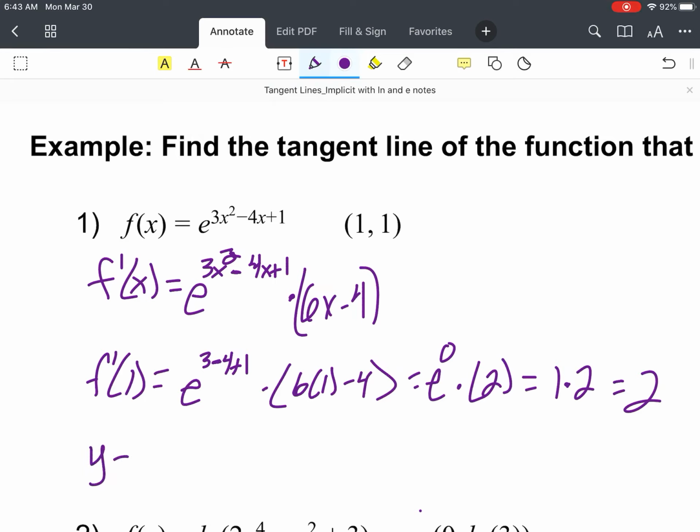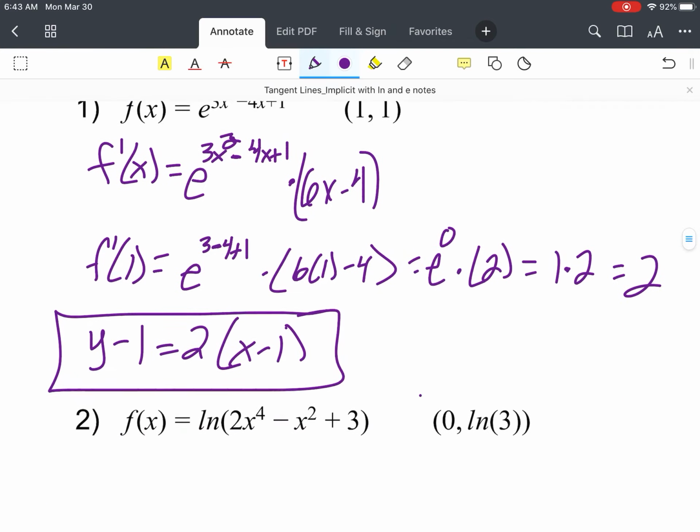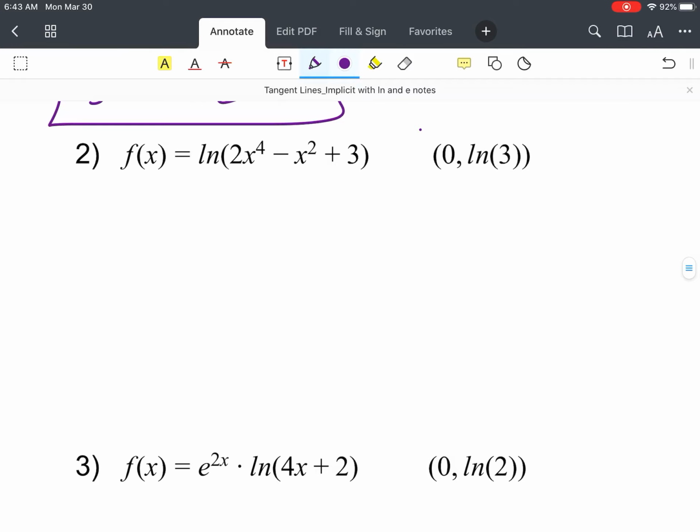So our slope is 2. Then all we have to say is y minus y1 equals m times x minus x1. Okay, so let's look back at that. We took a derivative, which to take a derivative of e, you've got to write down the problem and then multiply by the derivative of the exponent. Then we plugged in our x value of 1 and got that the slope was 2 and put that in point slope form.